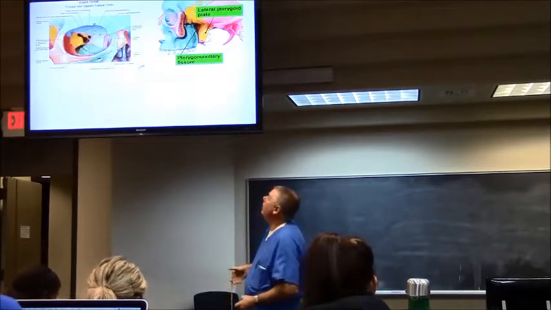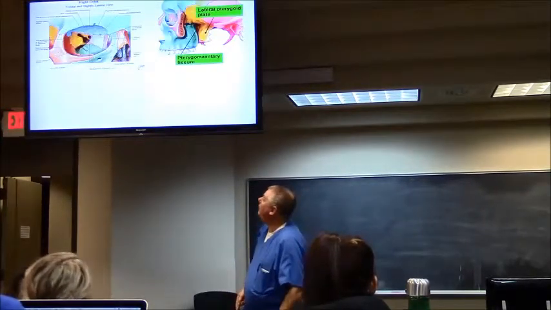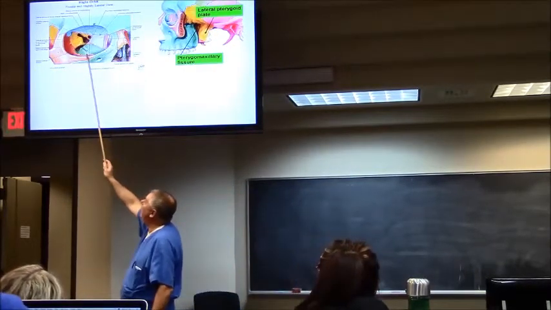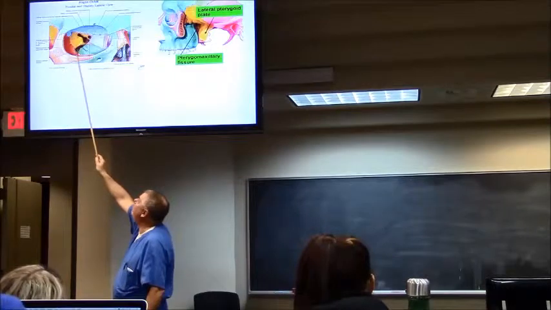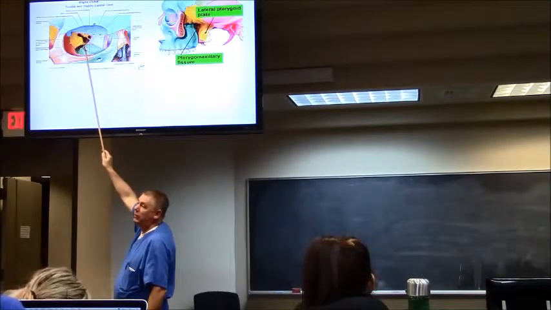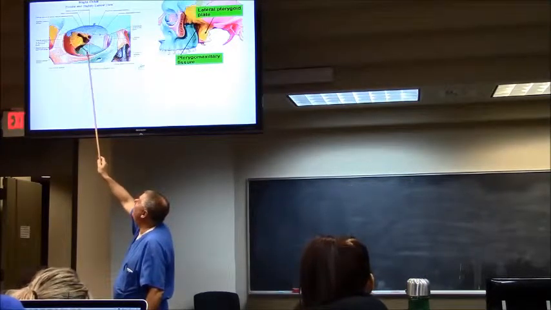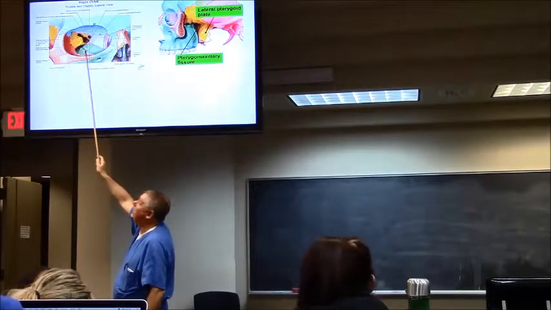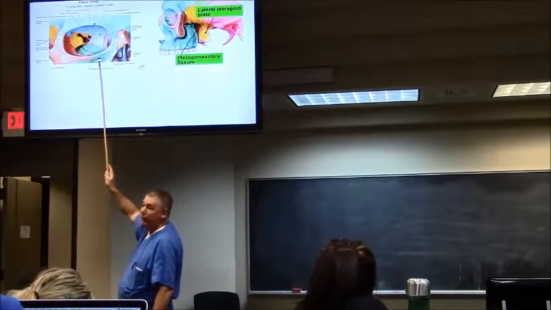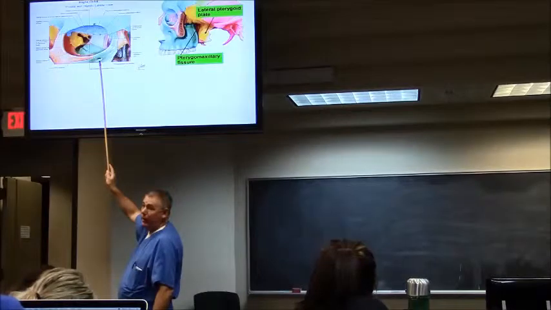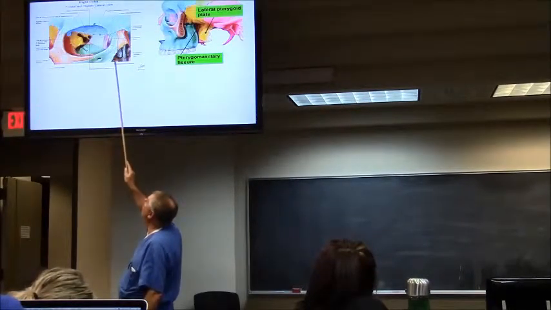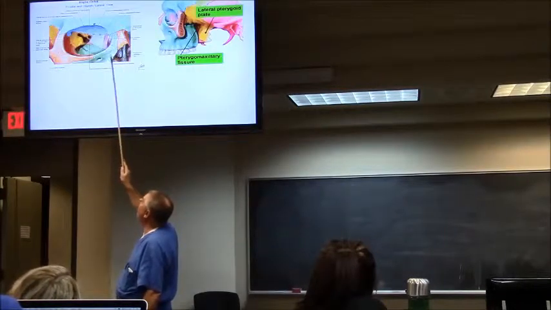So you don't have this slide, but this is what I want to show you. Here's the orbital cavity right here. I said V2, there's the inferior orbital fissure. I said V2 traveled in that little groove there, and then dove into the bone to come out as the infraorbital nerve, right? You remember that? So V2 is right there. There's the nose right here, the nasal cavity is right there.